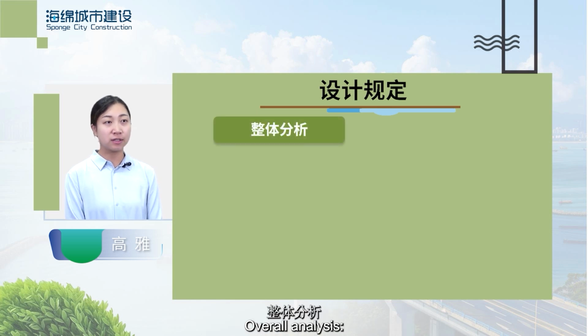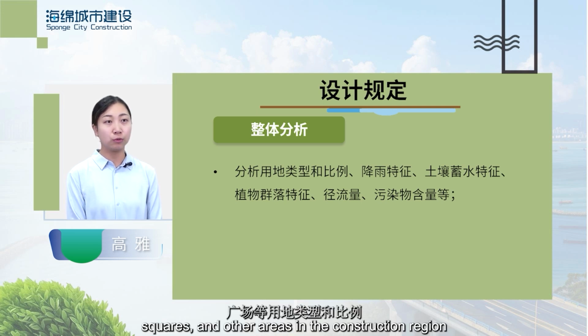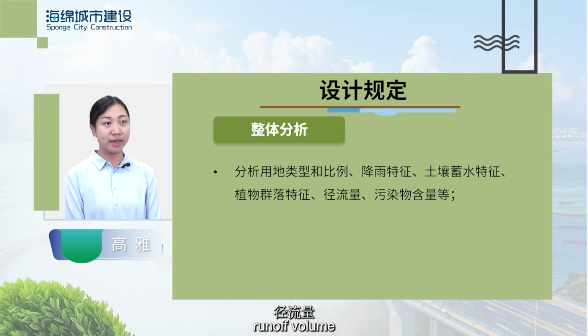Overall analysis. Analyze the land types and proportions of green spaces, water bodies, squares, and other areas in the construction region, as well as rainfall characteristics, soil water retention, plant community traits, runoff volume, and pollutant levels.